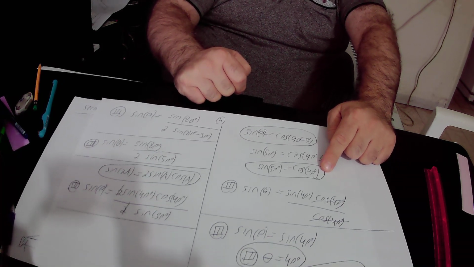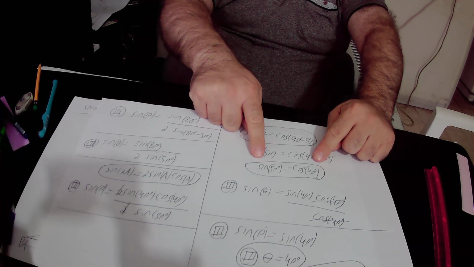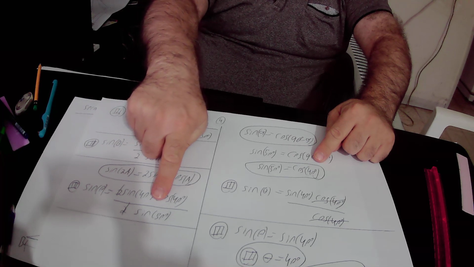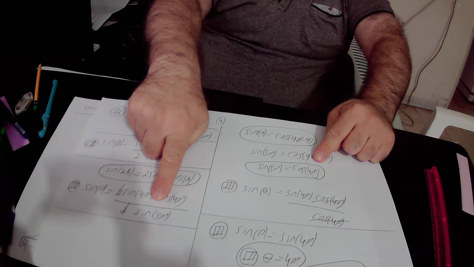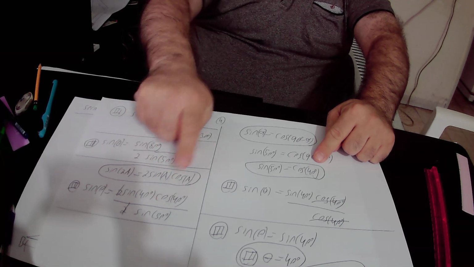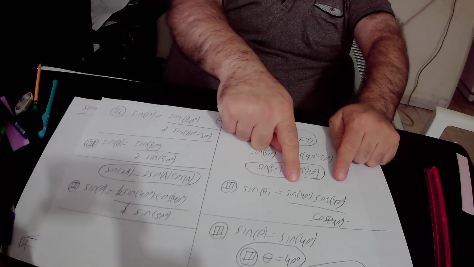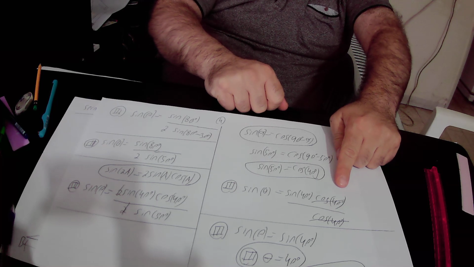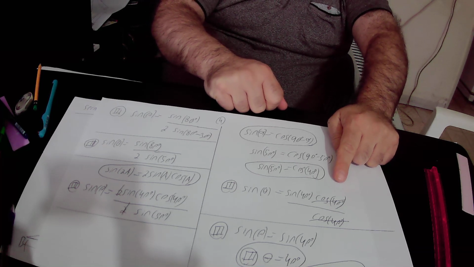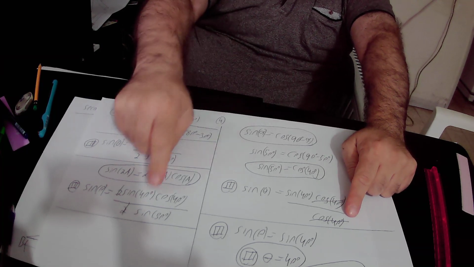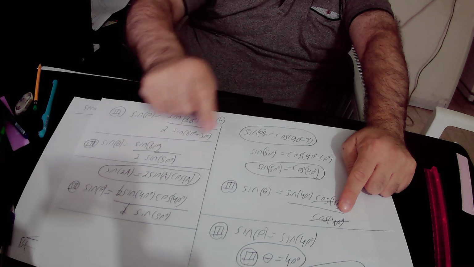So according to this, we can substitute sine 50 degrees in this equation, equation number 3, by cosine 40 degrees. So we did it, and we got that sine theta equals sine 40 degrees times cosine 40 degrees over cosine 40 degrees. Again, we substituted sine 50 degrees by cosine 40 degrees.